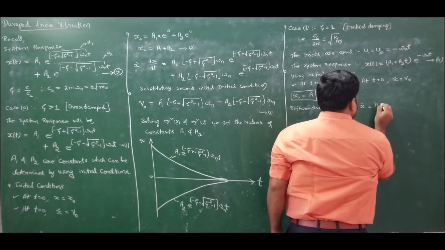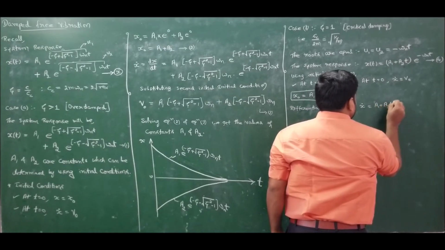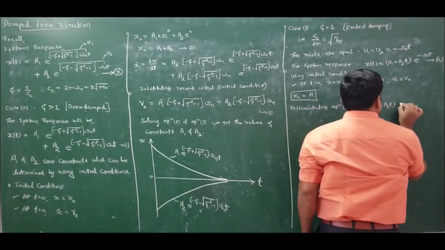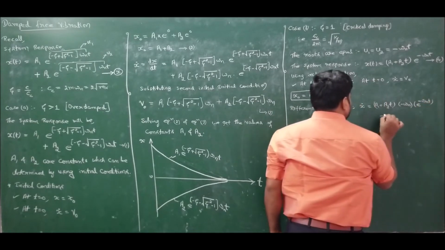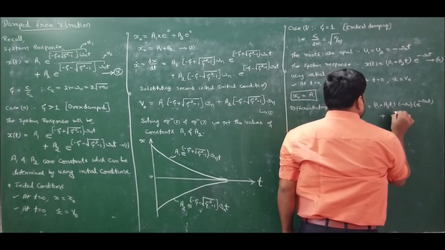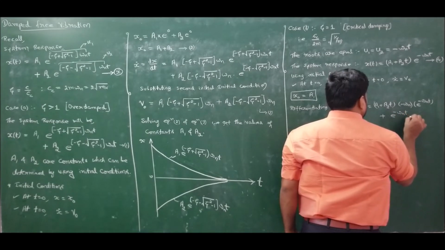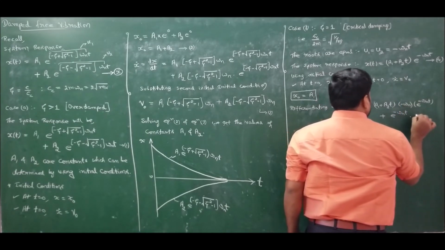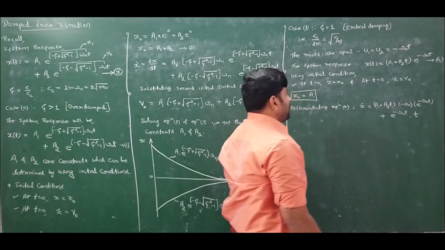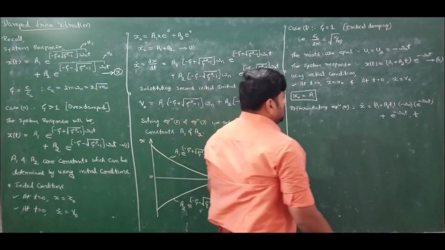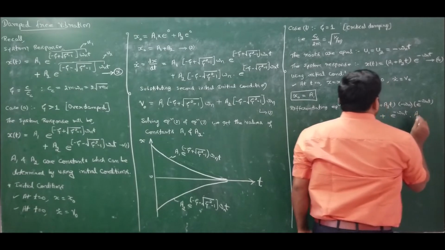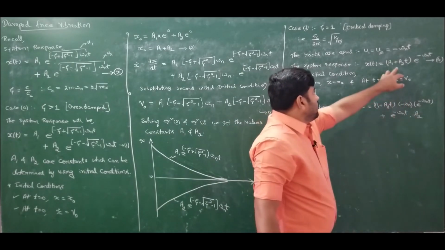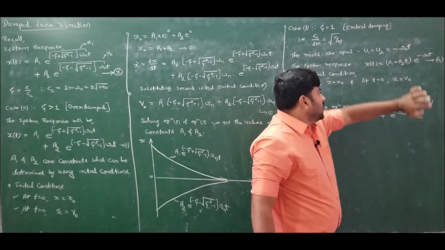So first function is a1 plus a2t, differentiation of second is minus omega n e to the power of minus omega nt, plus second function e to the power of minus omega nt into derivative of first. Derivative of first is just a2, sorry. Derivative of a1 is 0. Derivative of a2t with respect to t is a2.